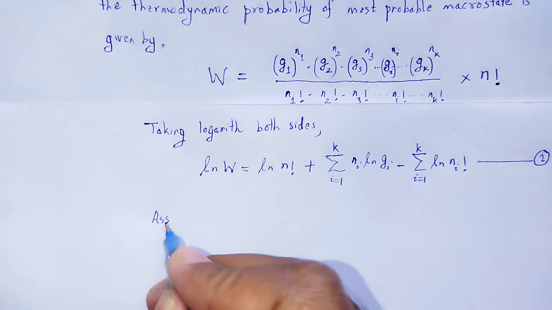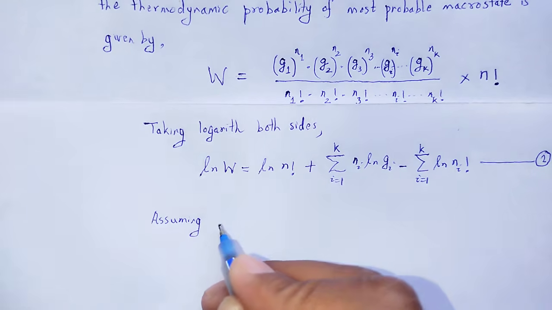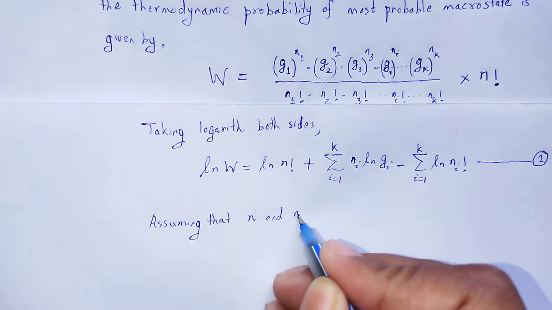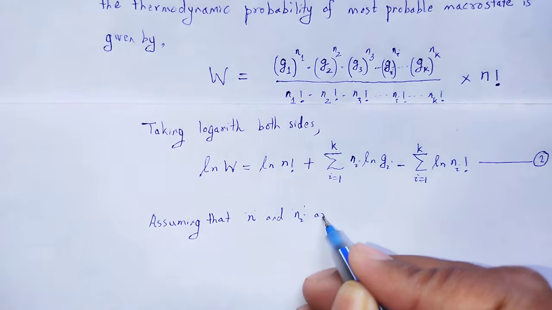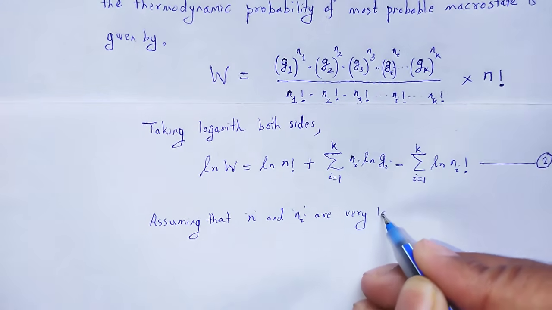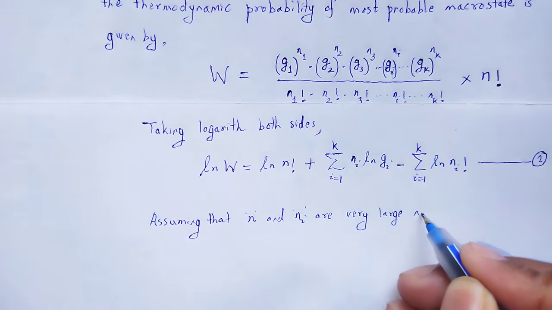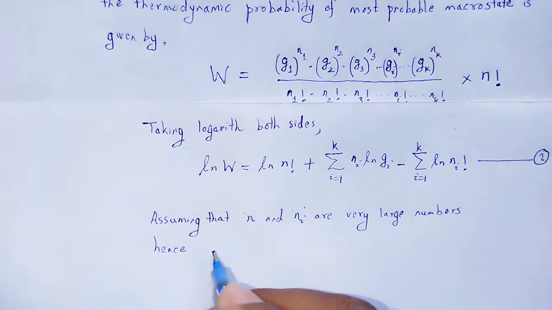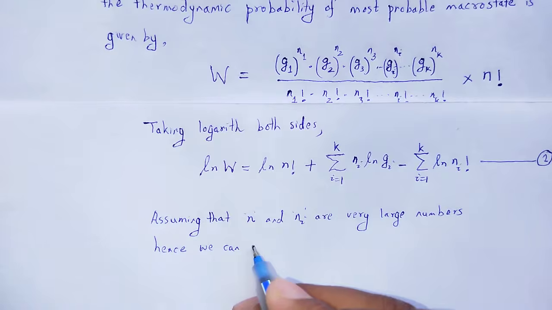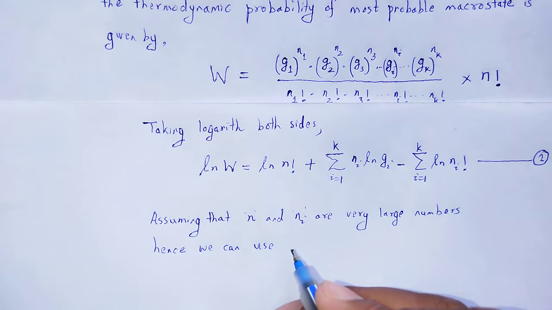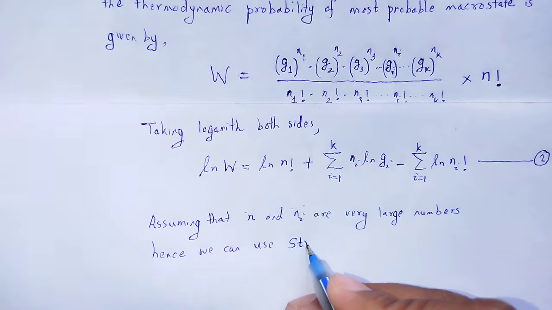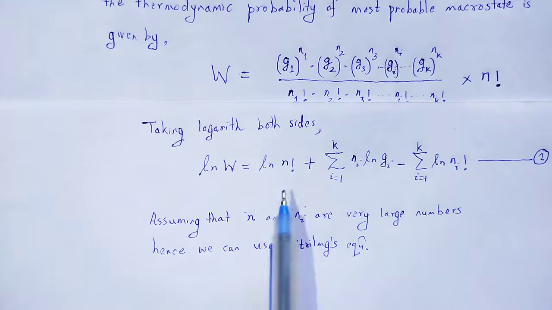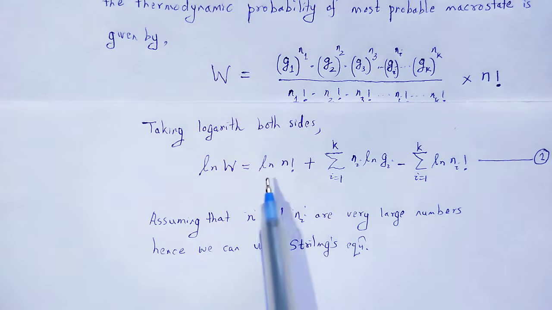Here assuming that N and Ni are very large numbers, hence we can use Stirling's equation to calculate the logarithm of those factorial terms.